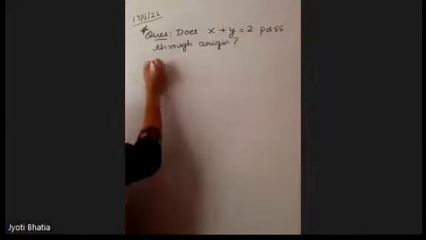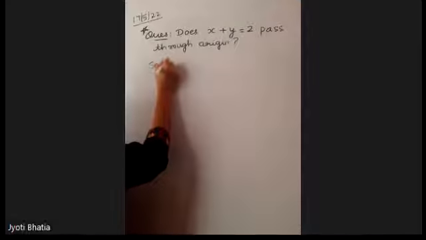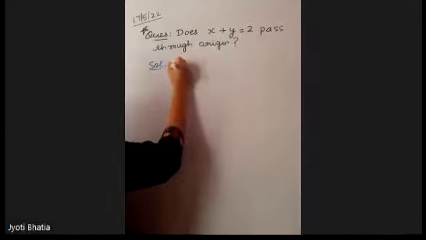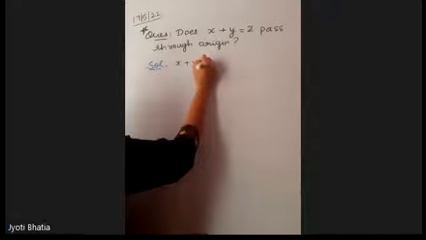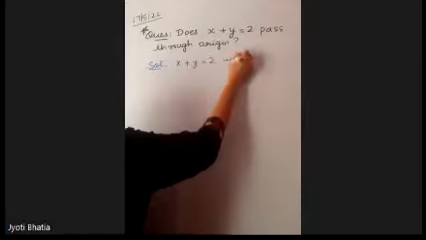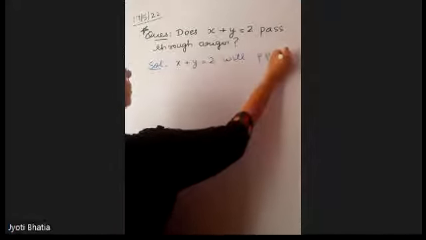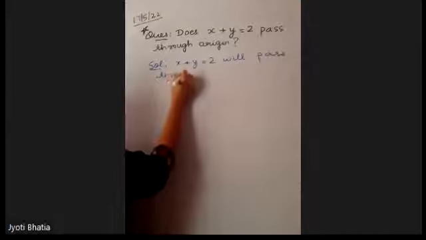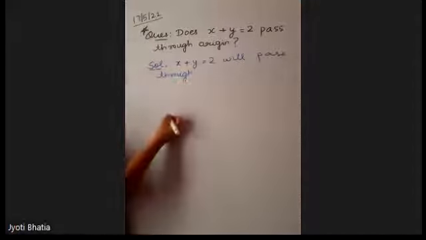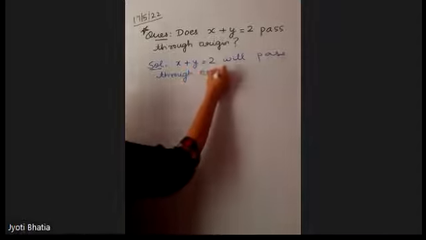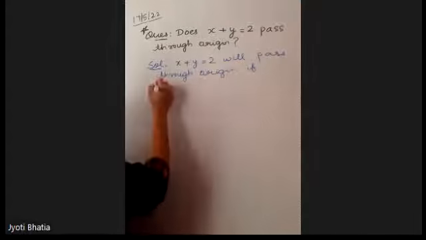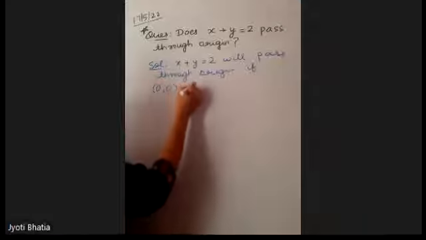Got it? So how we are going to represent it? We are going to write like this. X plus y is equal to 2 will pass through origin if 0, 0 is its solution.